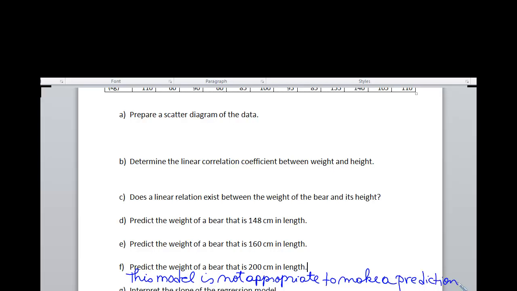Okay, it's not appropriate to make a prediction for that value because that particular value falls too far outside of the range of our observed values.